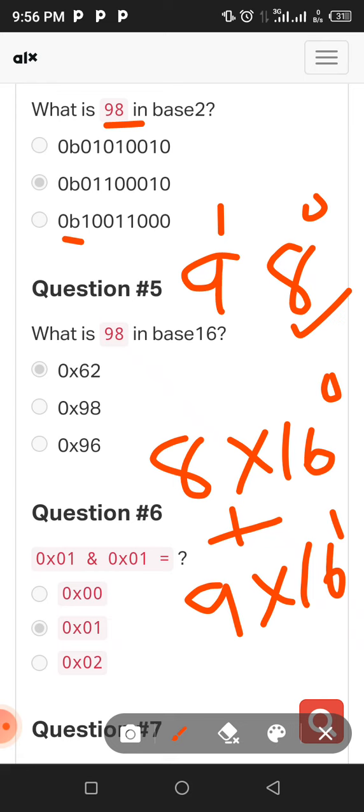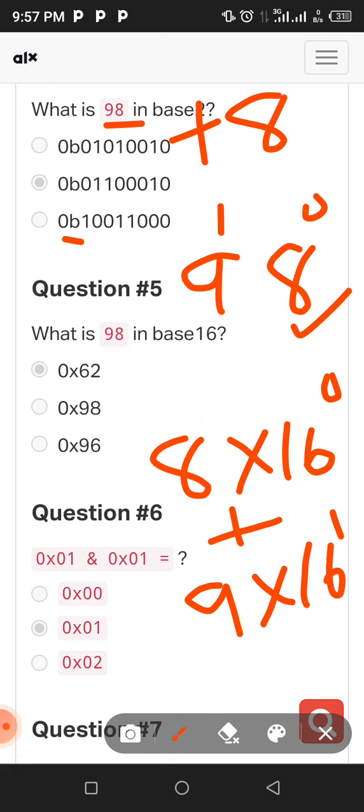Plus 16 raised to the power of 1 is 16, and 16 times 9: 9 times 6 is 54, so we have 4 here and 5 carried.